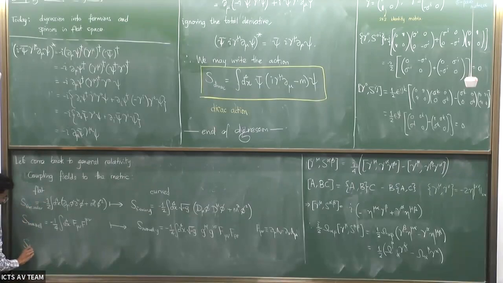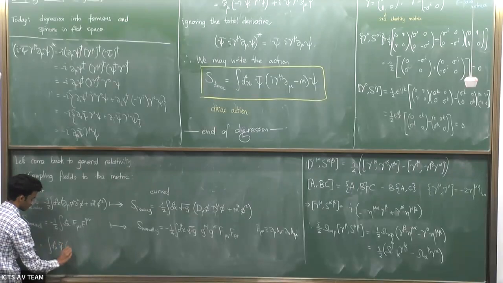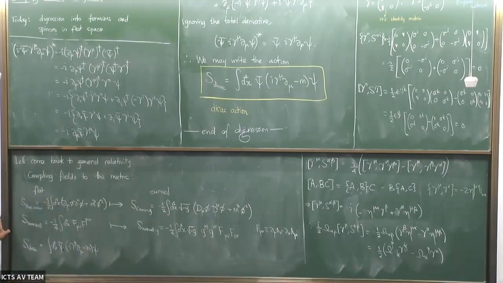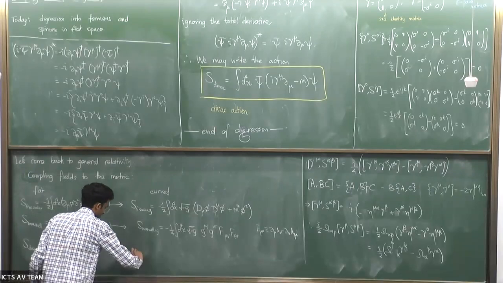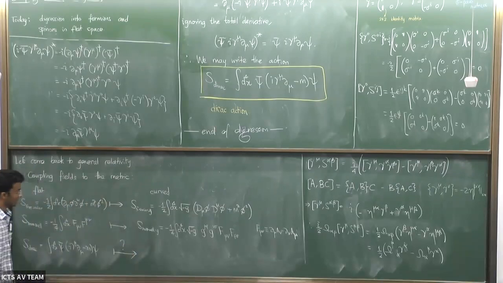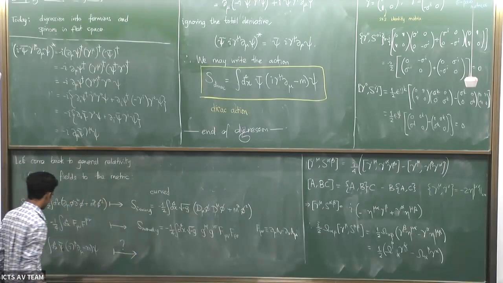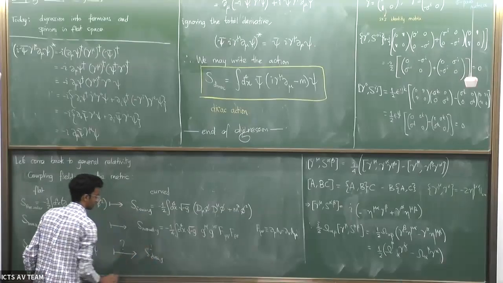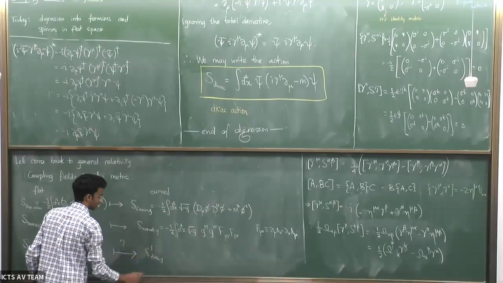Let's do S Dirac. Okay, what was S Dirac? S Dirac was just integral d4x psi bar (i gamma mu del mu minus m) psi. What do you suspect will happen? I'll put a question mark there because we don't know this yet, and I will put a question mark in the action as well. What do you think will happen?